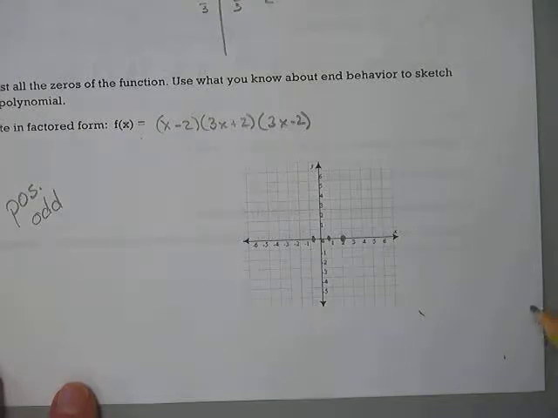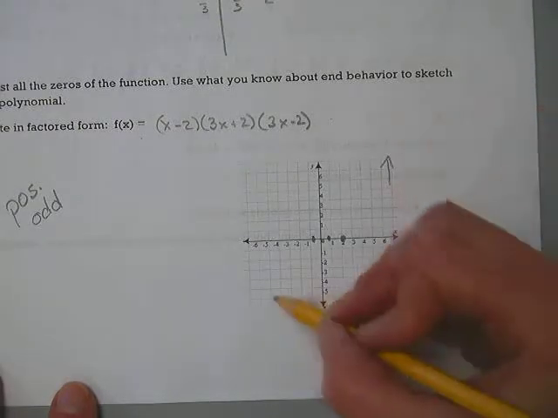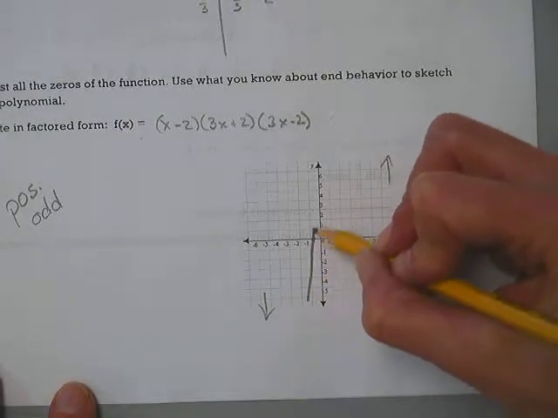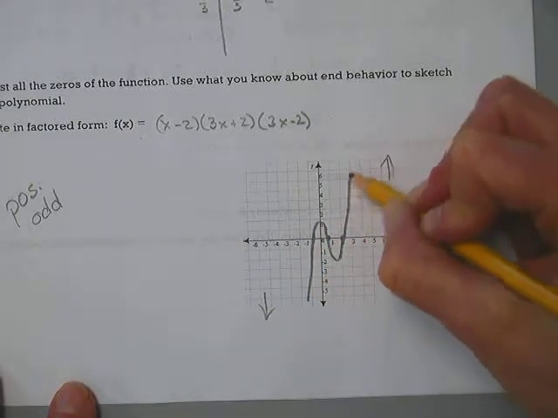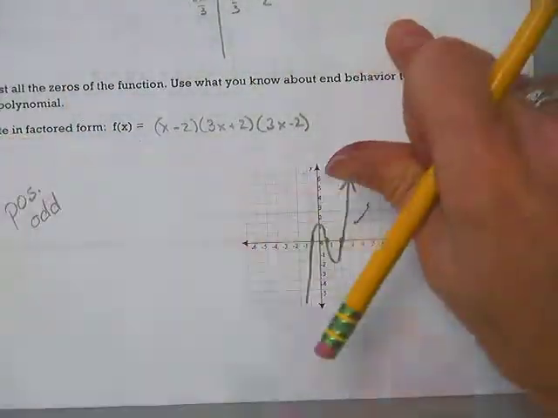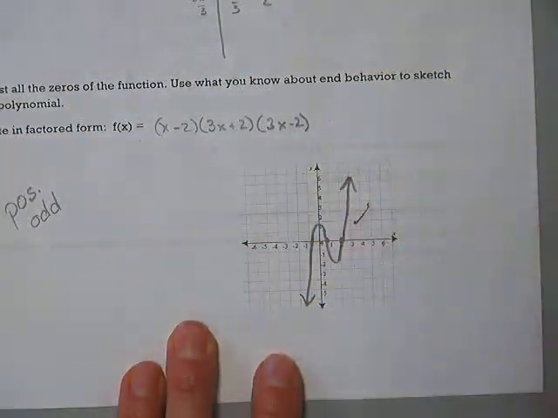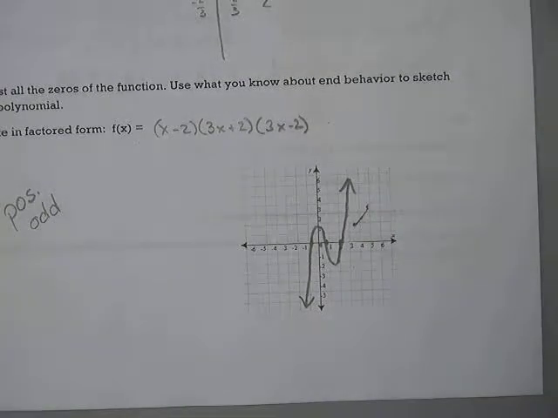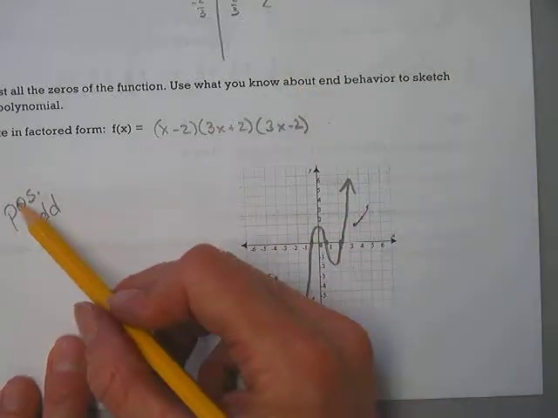Okay, let's put these dots back in here: 2, positive 2/3, negative 2/3. Is this an odd or an even function? Positive or negative? What's the leading coefficient? Positive. Okay, it's a positive odd function. Where's the end behavior, up or down?